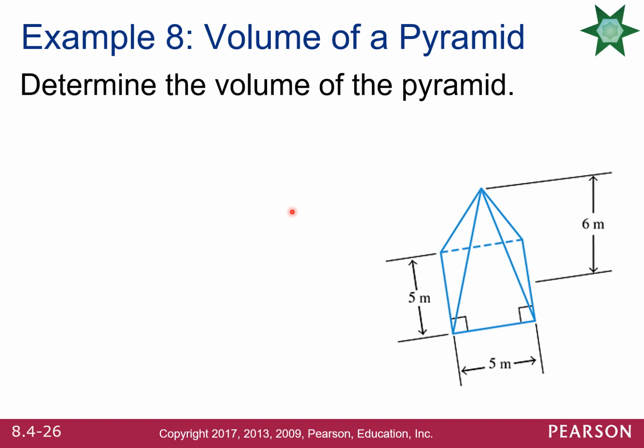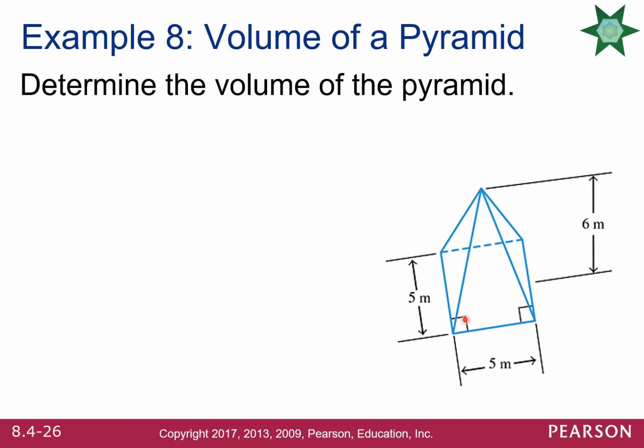Now this example is to find the volume of a pyramid, and they've given us a picture of the figure. We see that the figure is a pyramidal figure, but it has a square base, and these are the measurements of the different sides of this figure. The square base has one side as a 5.